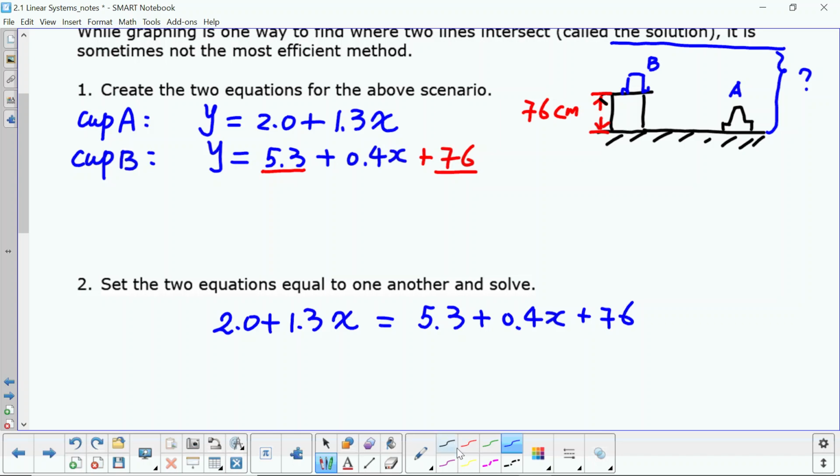Here there is one important concept: the y and y are equal. Then we are going to write the right sides equal because they are equivalent. Okay, so y equals 2.0 plus 1.3x. Y also equals this one, so the right sides should be equal because they equal the same thing.